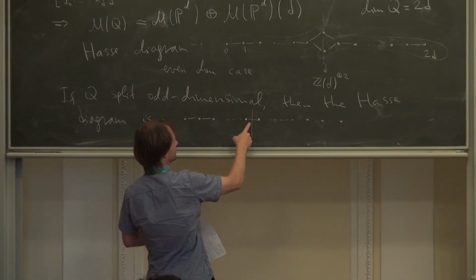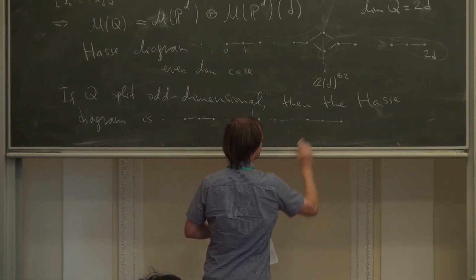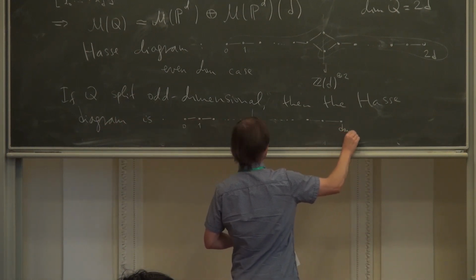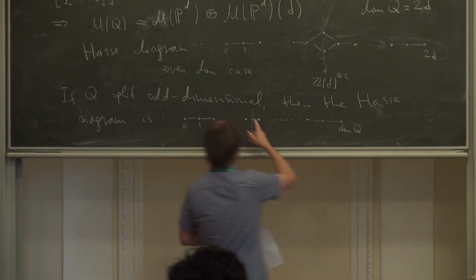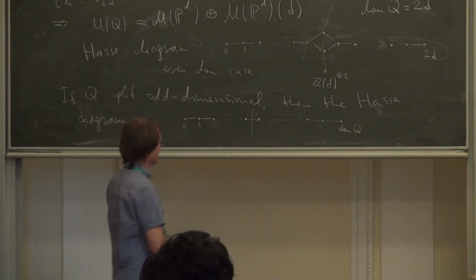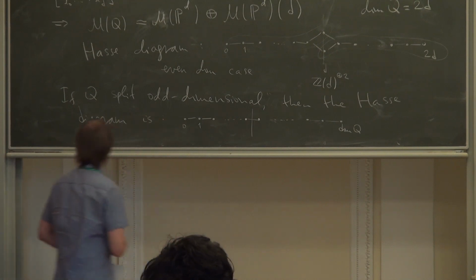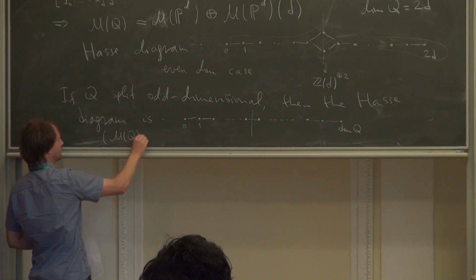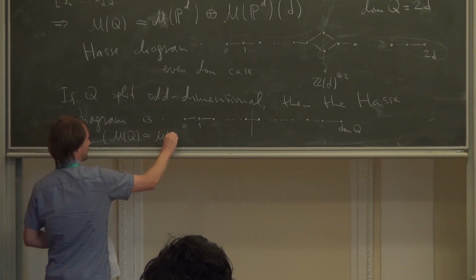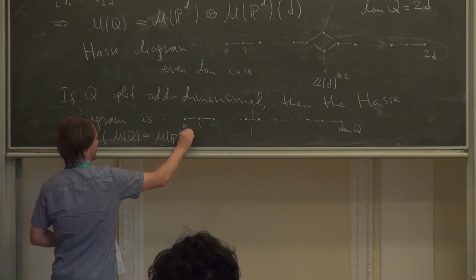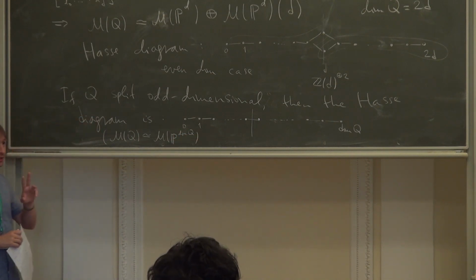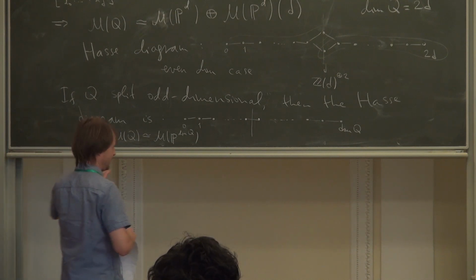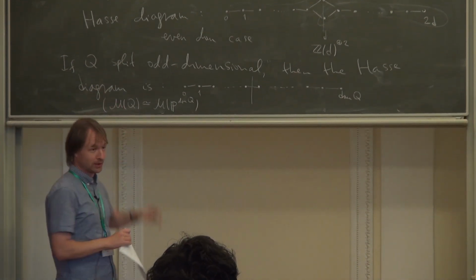Here is the middle, so now it's between two vertices. So 0, 1, and this is the dimension of Q, which is odd. Actually, this is indeed true: the motive of a split odd-dimensional quadric is isomorphic to the motive of the projective space of this dimension. So there is this difference between even-dimensional and odd-dimensional, and one should care about it in computations.